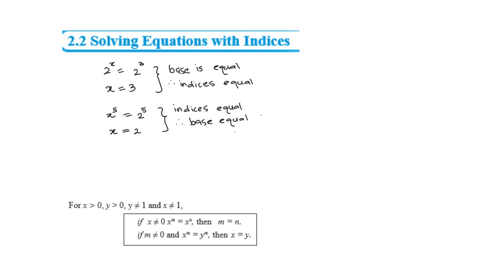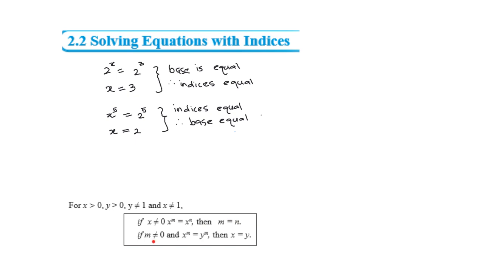Okay. In general, we can write now for x is greater than 0, y is greater than 0, y is not equal to 1 and x is not equal to 1. If x is not equal to 0, x to the power m equal x to the power n, then m equal n.